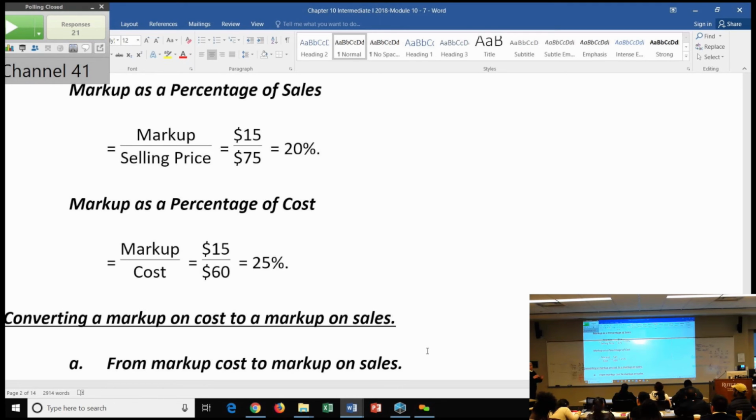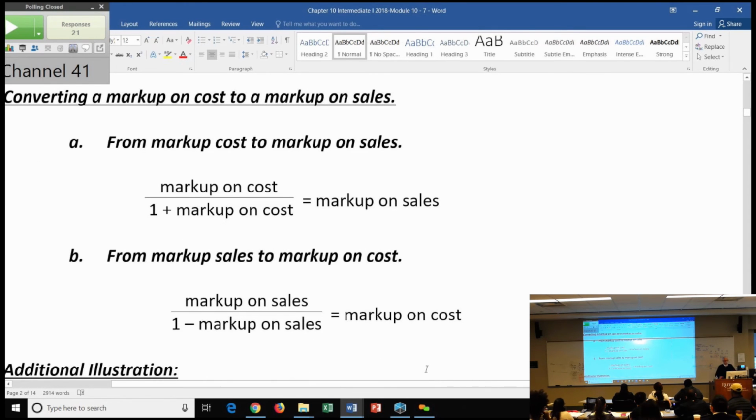Now, the problem, for whatever reason, in a lot of the CPA exam questions, they will only give you the markup on cost, not the markup on selling price. Or they'll give you the markup on selling price and not the markup on cost. So you have to know how to convert them. So I'm just giving you this. This is not a major issue, but it's something you need to know. So if I've got the markup on cost, and I want to get the markup on selling price, that's the calculation.